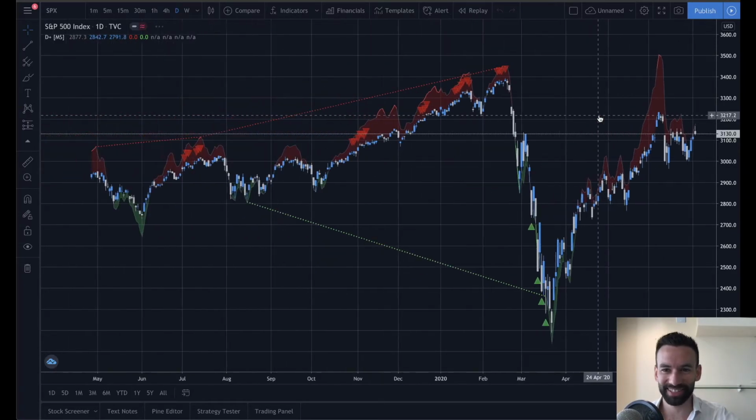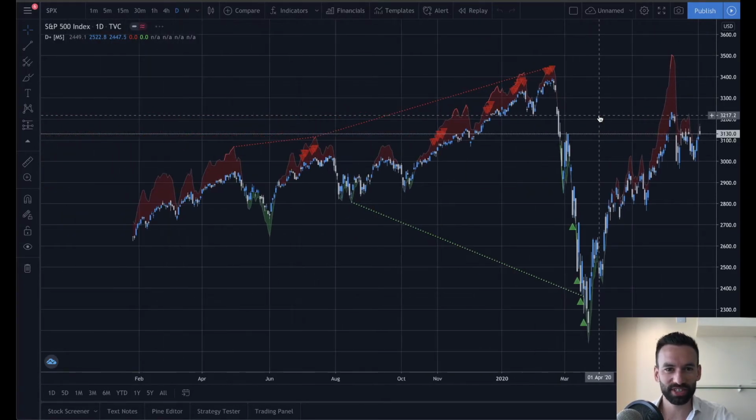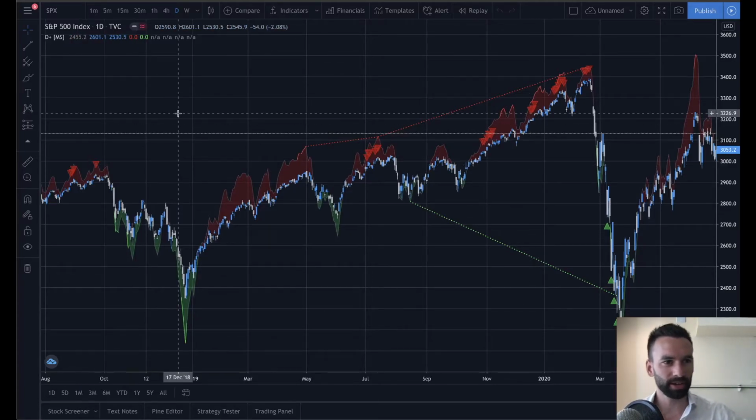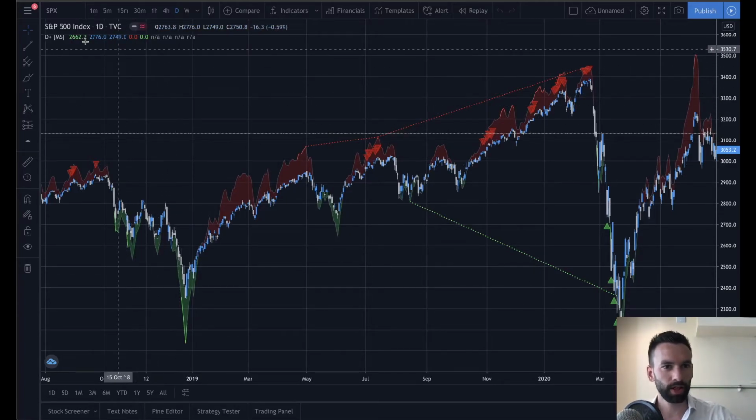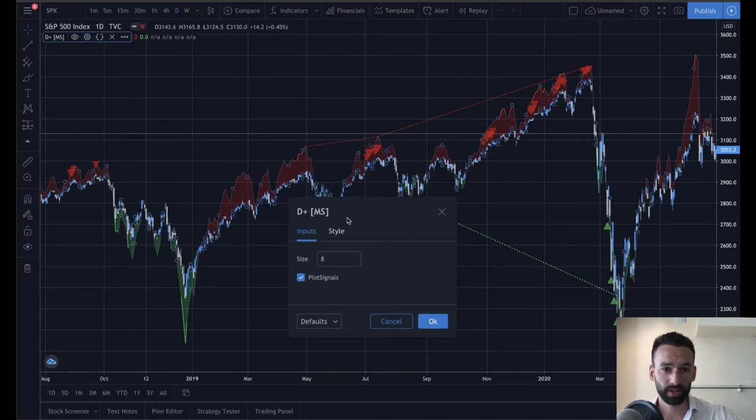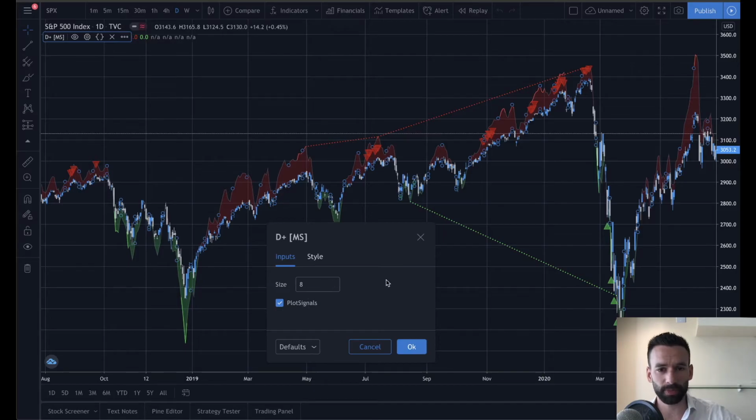It's pretty ridiculous. As far as settings for this indicator, very, very simple. I like having my indicators be simple. You're going to see 2 settings. I might even bring this down to 1. Basically, plot signals. That's if you want to see the triangles or not. Do you want to see all the places where the green line appeared or moved?